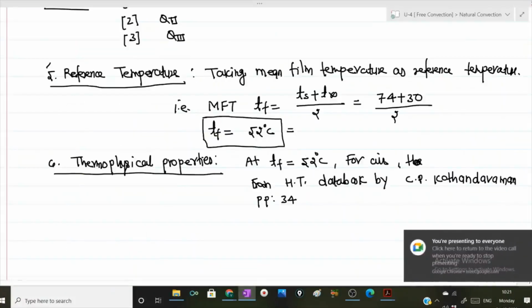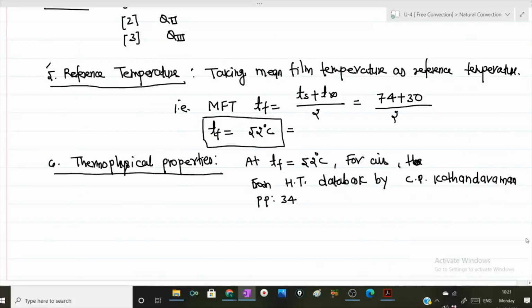So what I need to do? I need to do interpolation. So how to do interpolation?